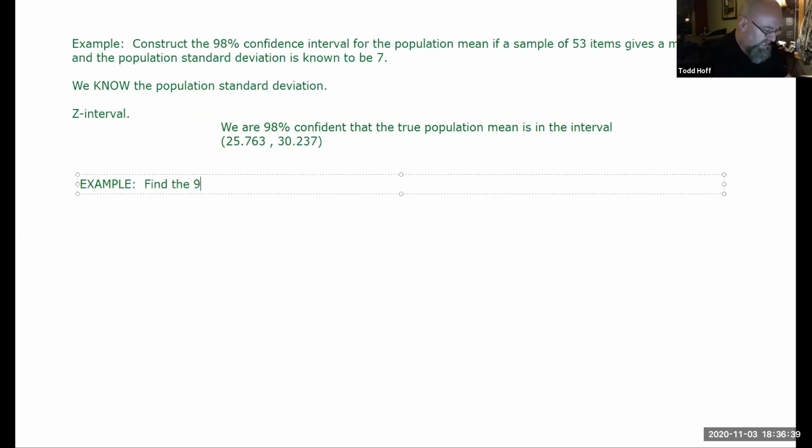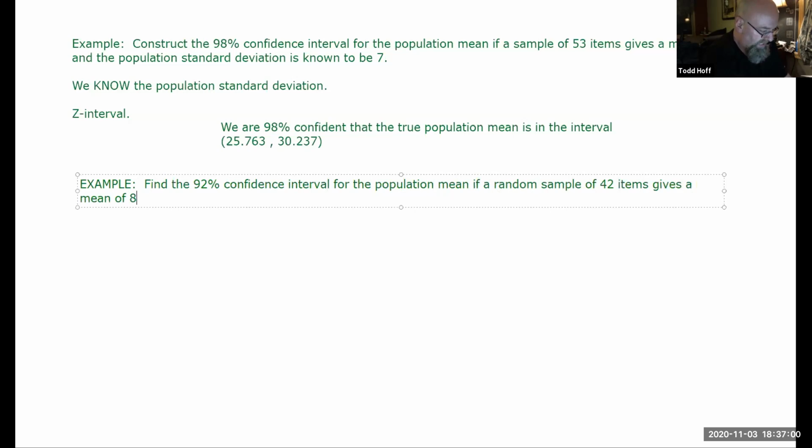Find the 92% confidence interval for the population mean if a random sample of 42 items gives a mean of 83 and standard deviation of 12. Notice I'm given a standard deviation of 12, but that is from our sample. So this is going to be a t-distribution, or t-interval.